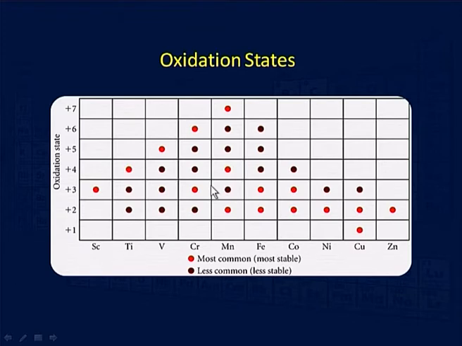Some of the stable oxidation states are also highlighted by different colors in this diagram. A stable oxidation state means there is not much change in the oxidation state at room temperature by air or in solution.